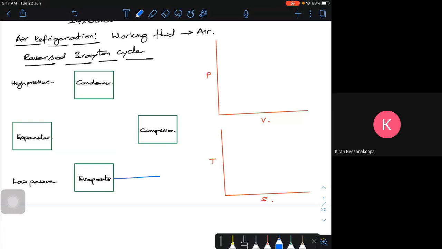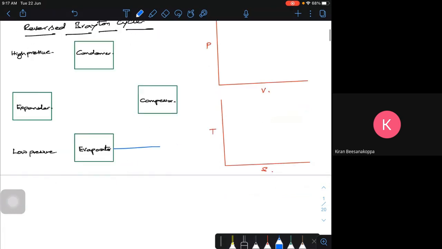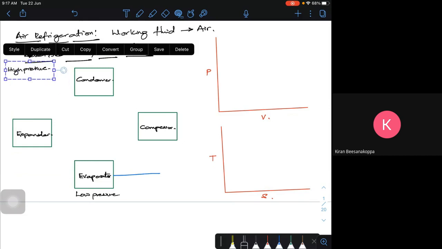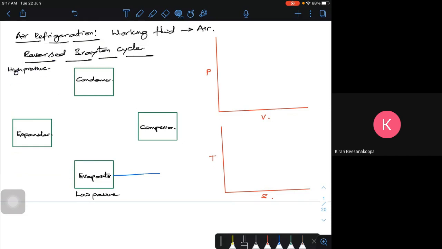As your working fluid, maybe air, flows through the evaporator, it is going to absorb the heat.